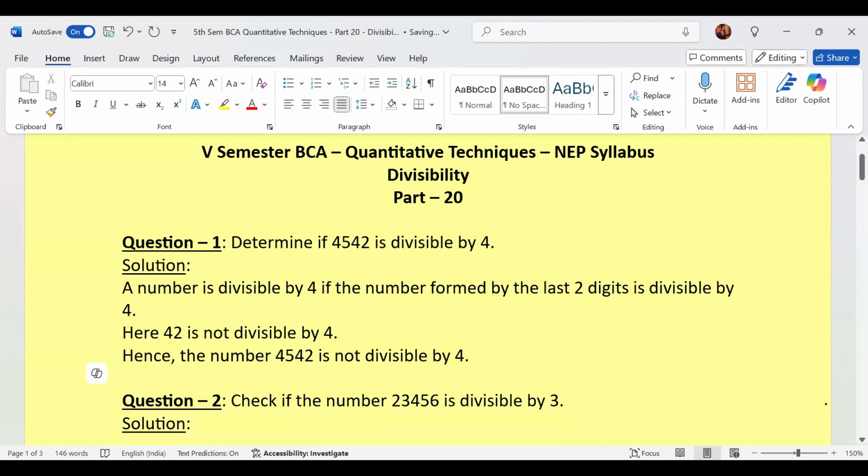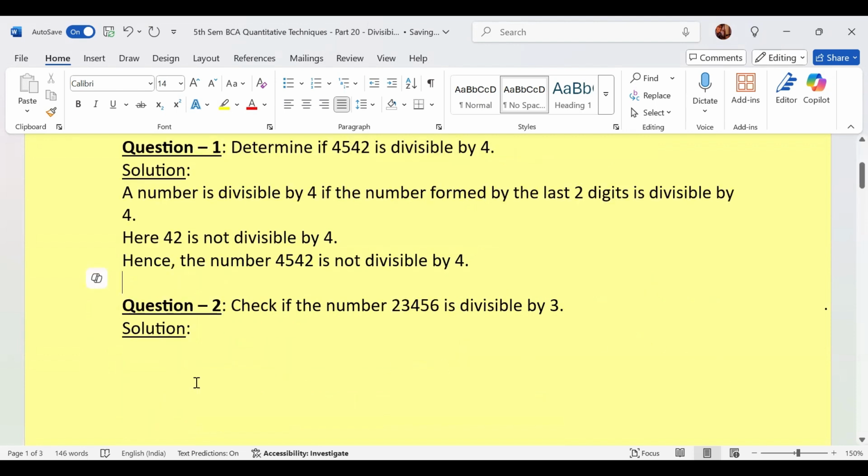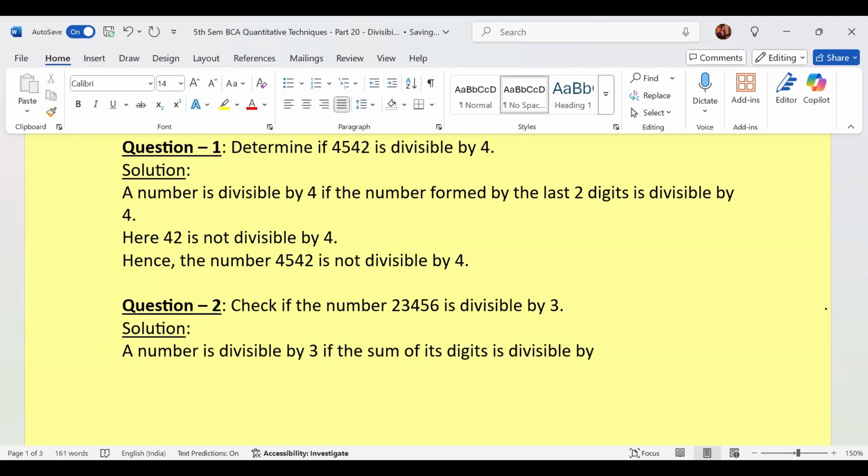Check if the number 23456 is divisible by 3. We can say a number is divisible by 3 if the sum of its digits is divisible by 3. So here sum of digits is equal to 2 plus 3 plus 4 plus 5 plus 6.